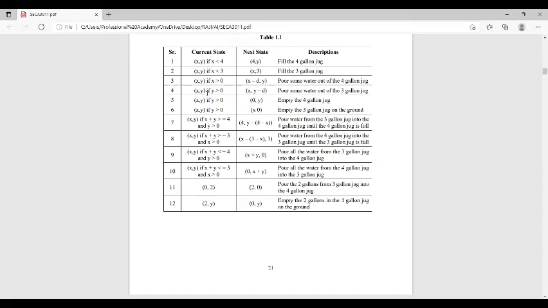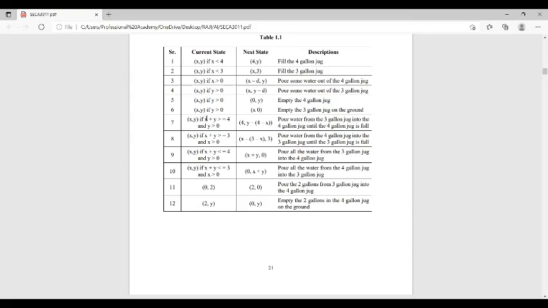And the same thing: (x, y), if y has some water, greater than 0, then we pour some water out from the 3-gallon jug, (x, y - d). The same thing, if x is greater than 0, we empty the 4-gallon jug, (0, y). If y is greater than 0, then we empty the 3-gallon jug, (x, 0).